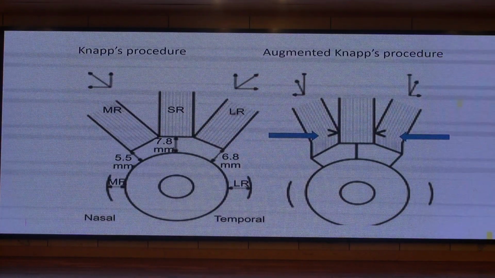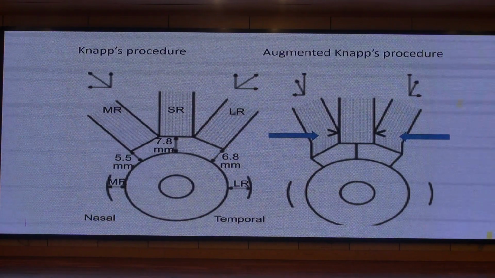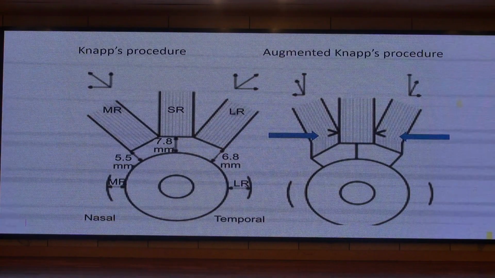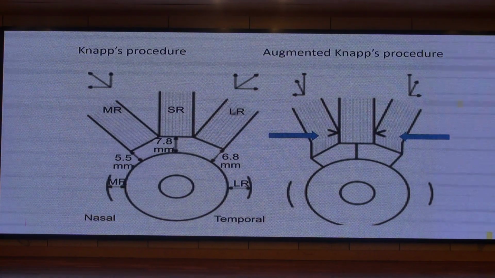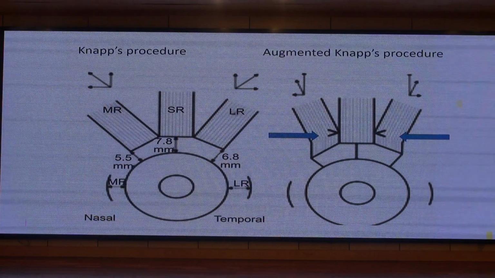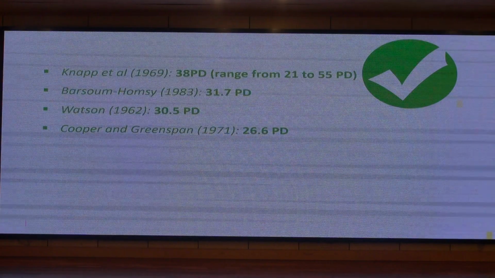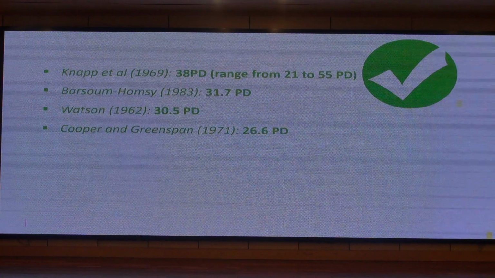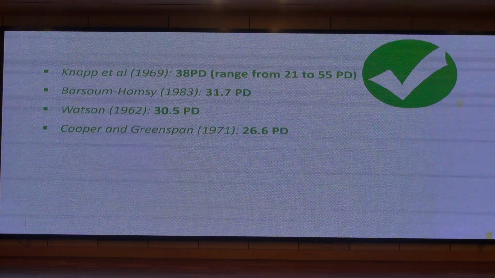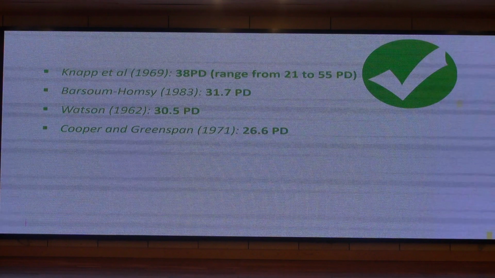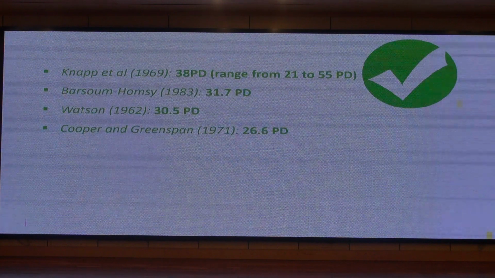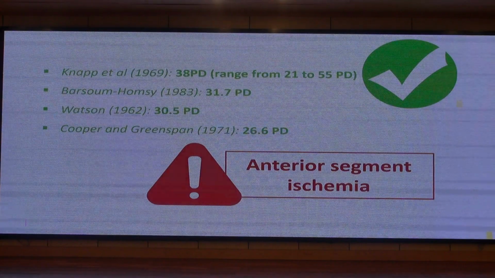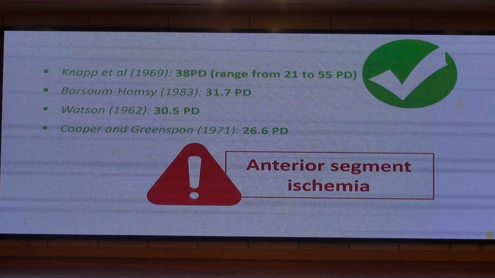Augmented Knapp procedure utilizes a Knapp procedure combined with posterior fixation suture on the horizontal rectus to increase its effect. In Knapp studies, the procedure shows hypertropia correction ranging from 21 up to 55 PD, average 38 PD, but it has a high risk of anterior segment ischemia.